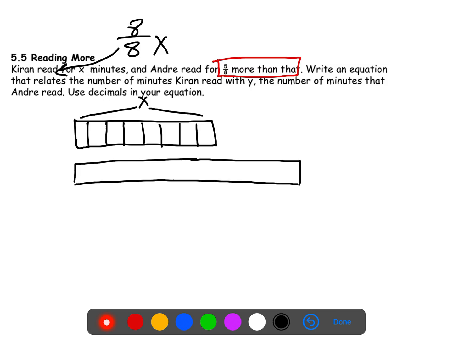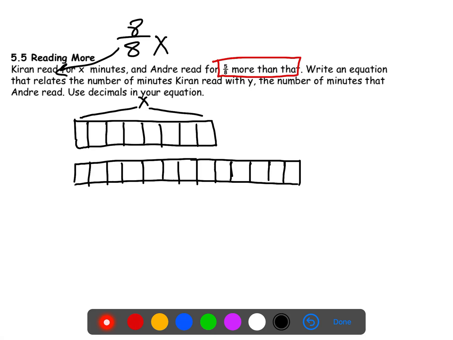And then we have 5/8 more for Andre. So we'll take this next part. We still have all of the 8/8 that Kieran read. And then we have 5/8 more to represent the total amount for Andre.